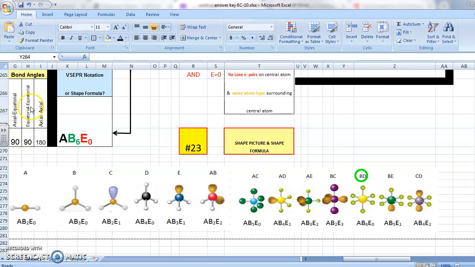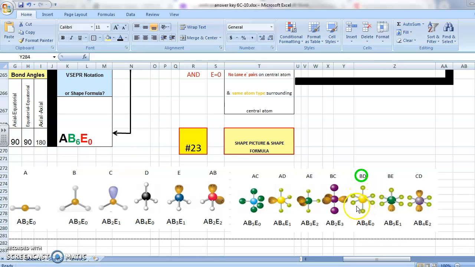We were not asked for the bond angles, but if we were, the axial atoms run through the axis. The equatorial atoms, there's 4 of them, are on the equatorial plane, or the equator, which goes around this direction. So what are the angles between the 2 axials? One up, one down. That angle is 180. What are the angles between the equatorial?